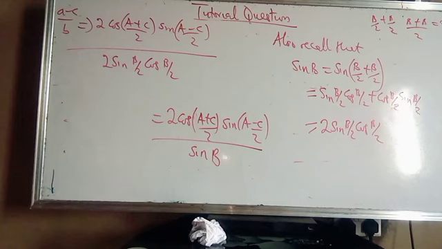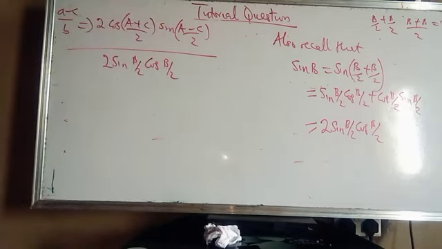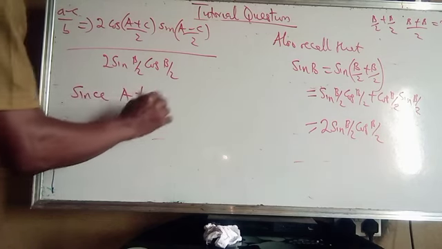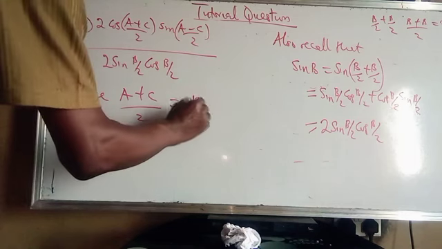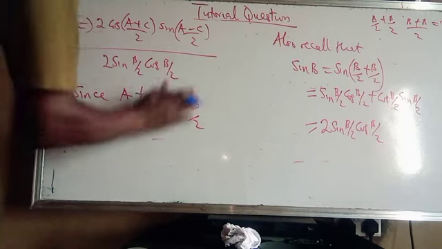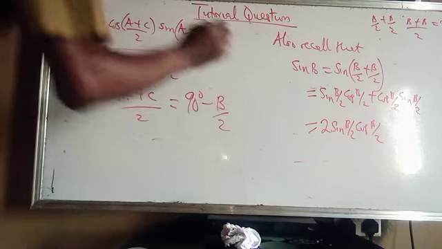Now, at this stage, since (A plus C) all over 2 is equal to 90 degrees minus B all over 2. Can you remember that?